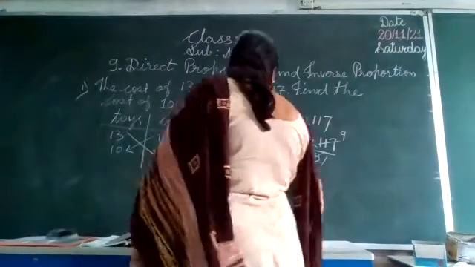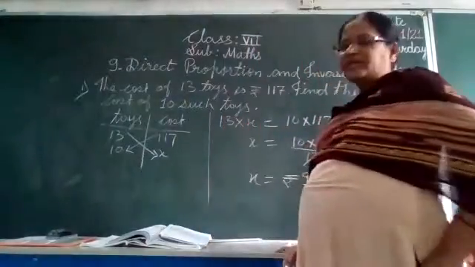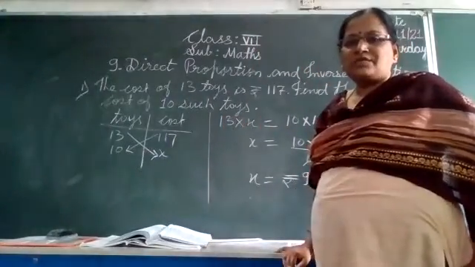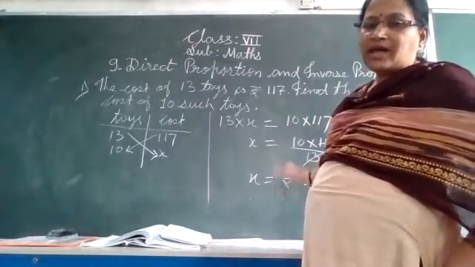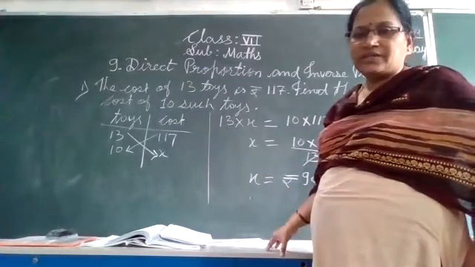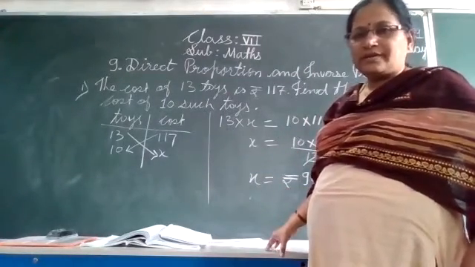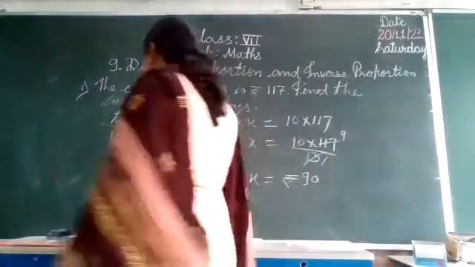So what is the cost of 10 such toys? The cost of 10 such toys is rupees 90. So you have to write the answer in words. Got it, children? Let's take another question.